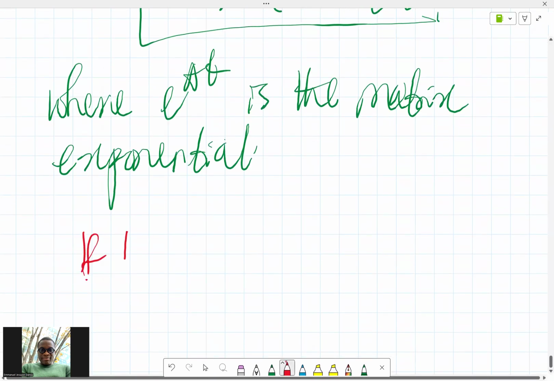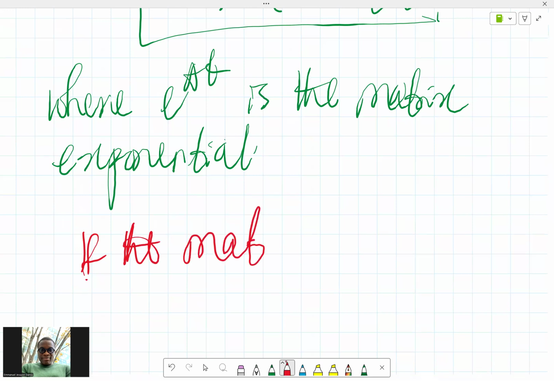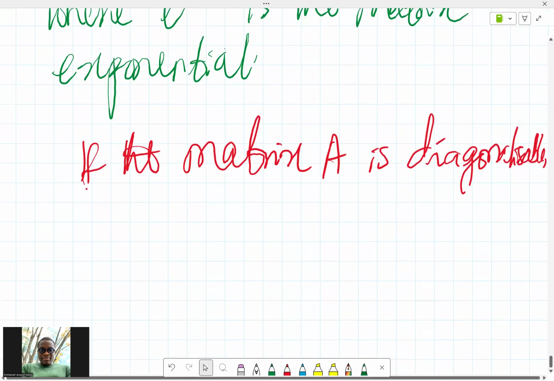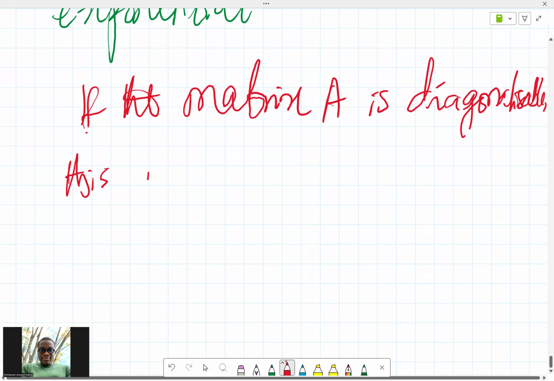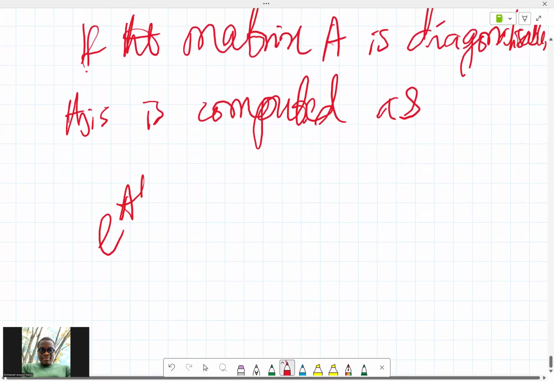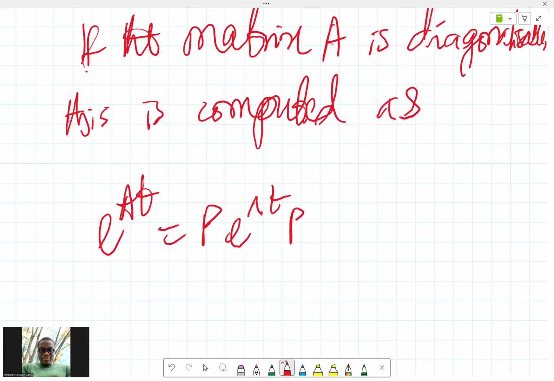Now if the matrix A is diagonalizable, and I talked about diagonalization on the matrix playlist, so you want to check that out also, then e^(At) is computed as P e^(Λt) P inverse.